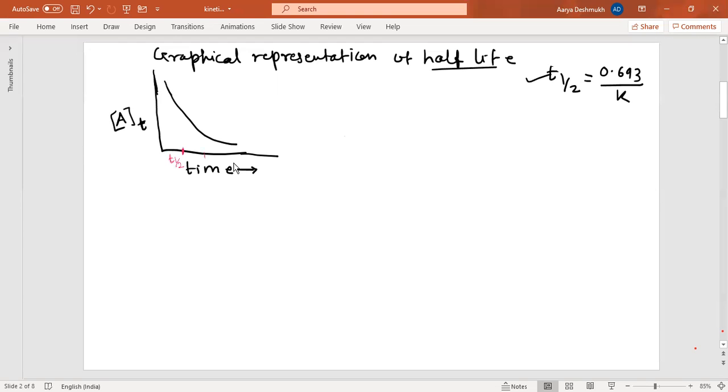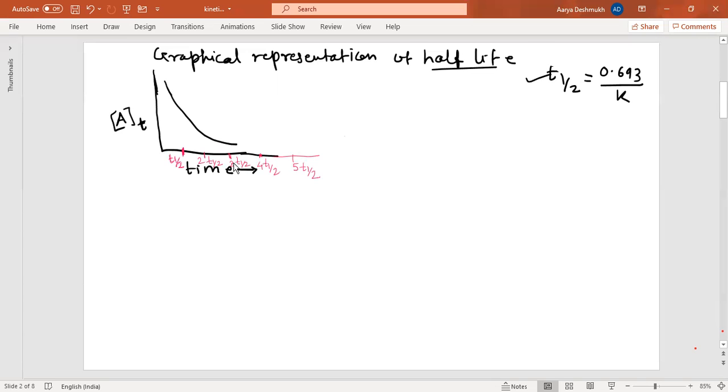Now I can write here twice of this T half. Now I can write thrice of the T half. If you further extend, 4 times of the T half, and so on, 5 times of the T half. Okay, so this is your first T half, that is half-life, meaning the amount reduced to half of its initial amount.